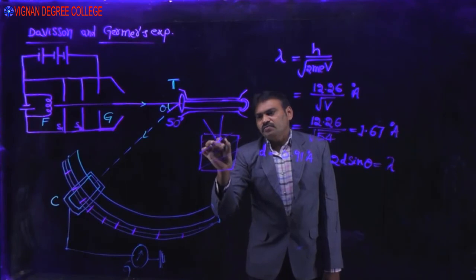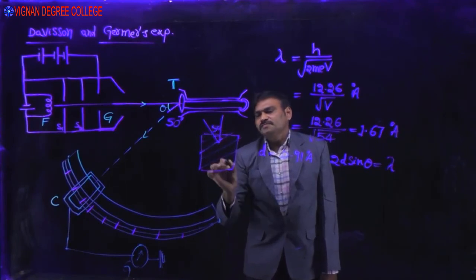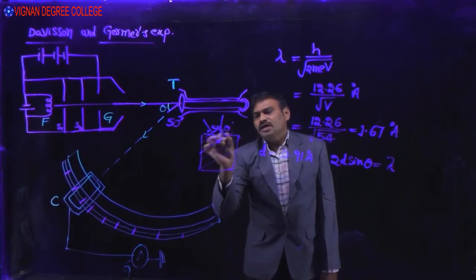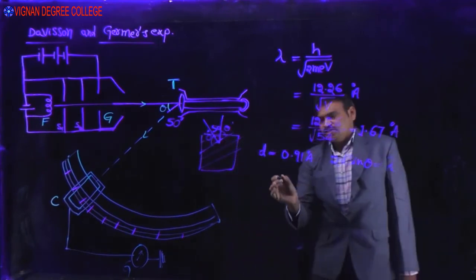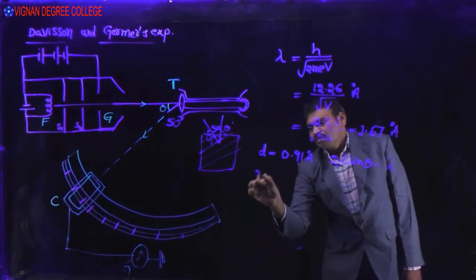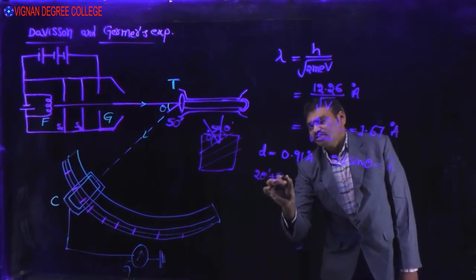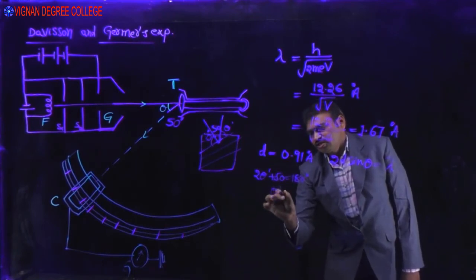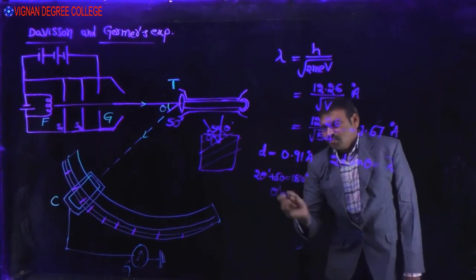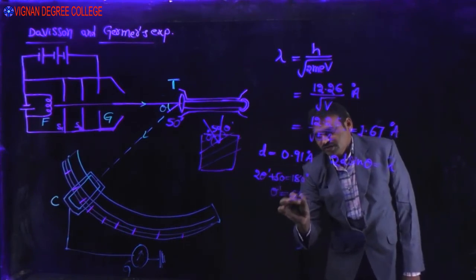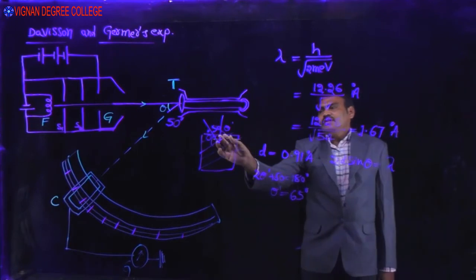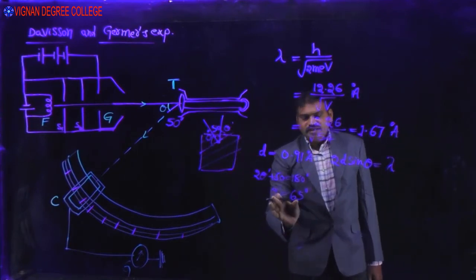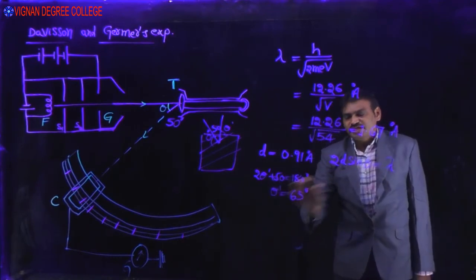From the experiment, we have theta as 50 degrees. It is theta dash and it is also theta dash. So 2 theta dash plus 50 degrees is equal to 180 degrees. From this, theta dash is equal to 180 minus 50, which is 130, so theta dash is equal to 65 degrees. The angle 50 degrees is from the experiment, and theta dash is the corresponding angle of the Bragg's family.